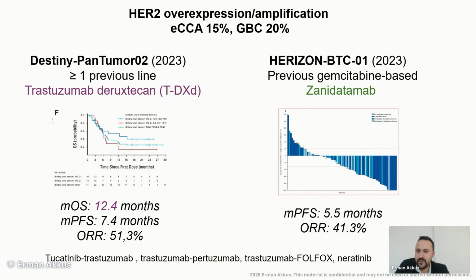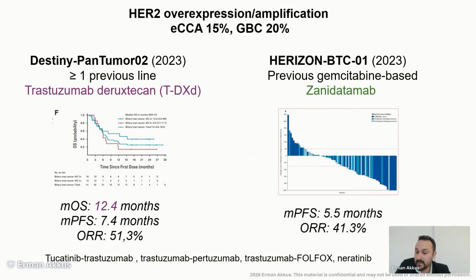The Destiny Pan tumor study showed trastuzumab deruxtecan provided a median OS of 12 months and median PFS of 7 months. And in the Horizon BTC study, zanidatamab has been shown to be effective in terms of progression-free survival and response rate.